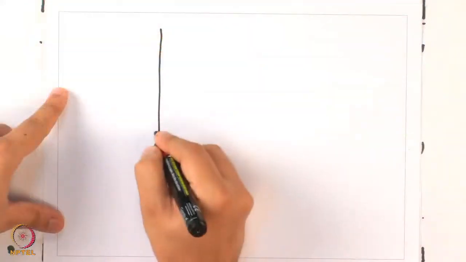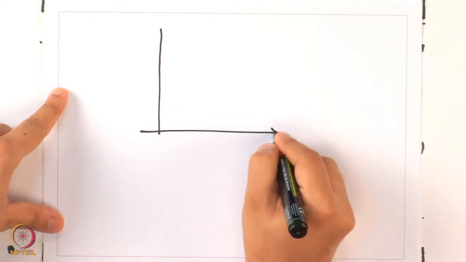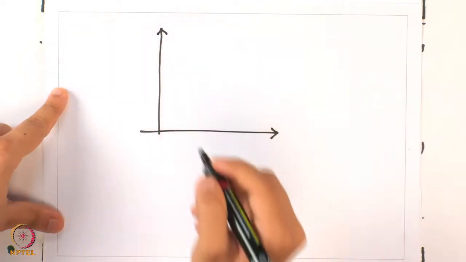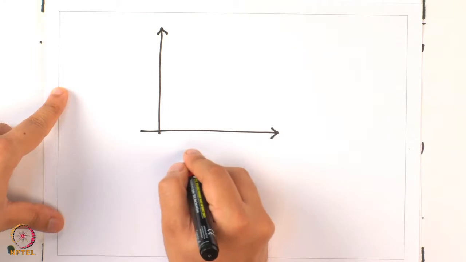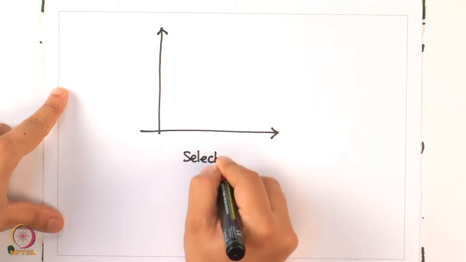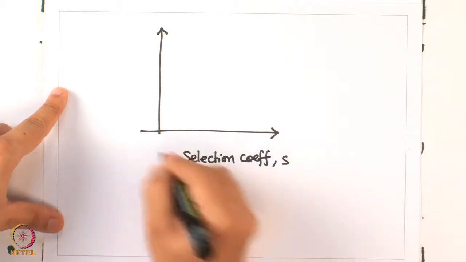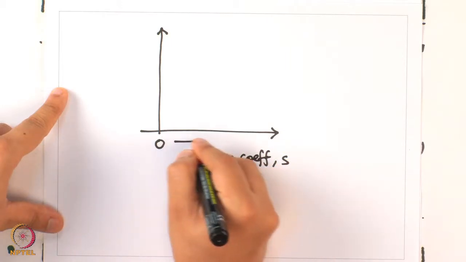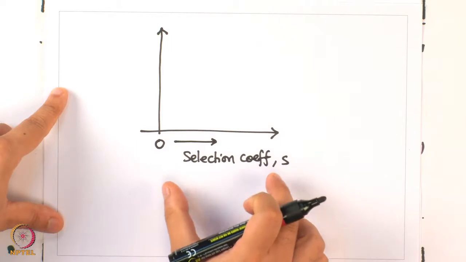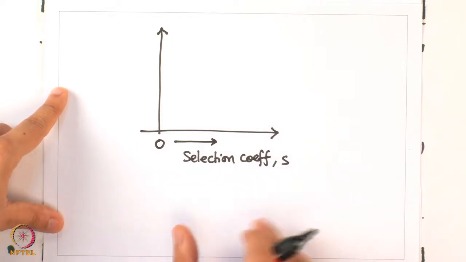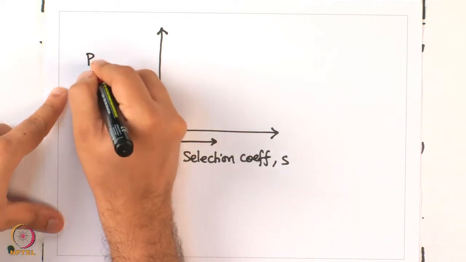And the graph that we had stopped at last time, hopefully you got a chance to think about that, has on the x axis the selection coefficient S, and S is 0 here, which means we are only talking of positive S, which corresponds to beneficial mutations, and the y axis is the probability.